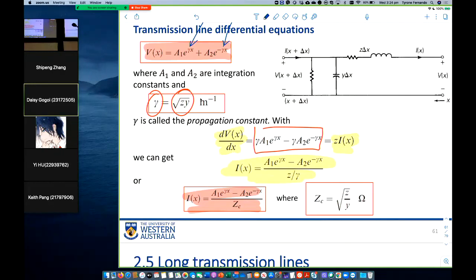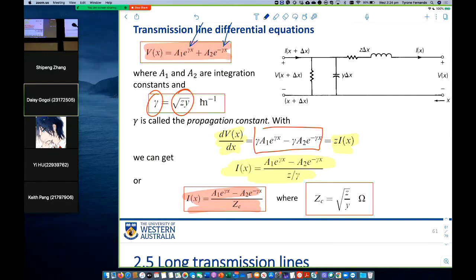Do you agree dV/dx is that expression, which I put in a rectangle, is ZIx? So you probably then agree I is equal to A1 e to the gamma x minus A2 e to the minus gamma x over Z over gamma. Do you agree with that? Okay.